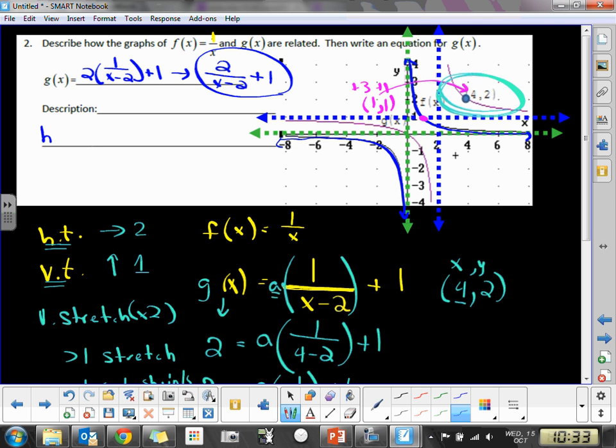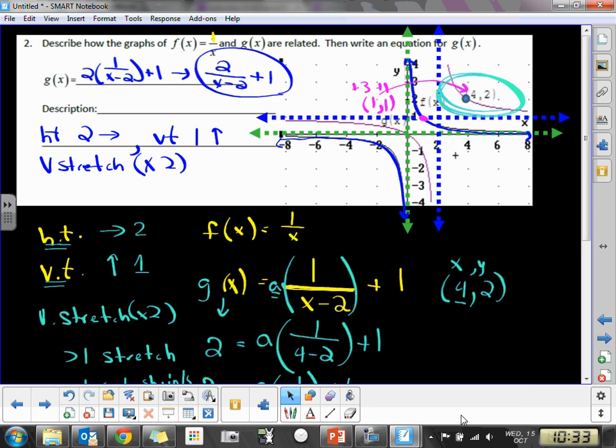We have a horizontal translation of 2 units to the right. We had a vertical translation of 1 unit up. We had a vertical stretch of a factor of 2. So we stretched it by a factor of 2. That is how I'd approach question number 2 when they give you a graph and a point that has some vertical stretch going on in it.